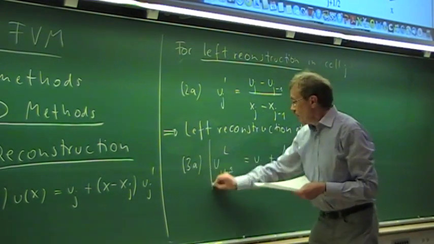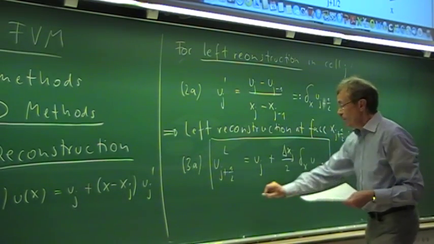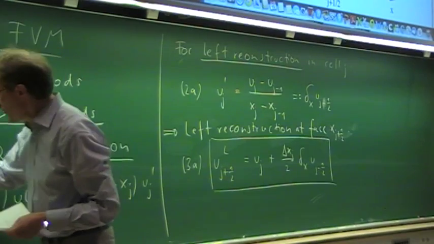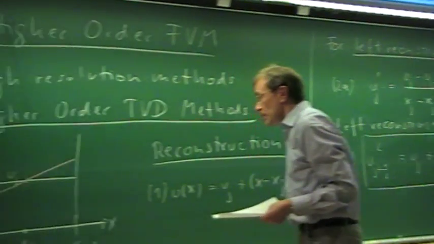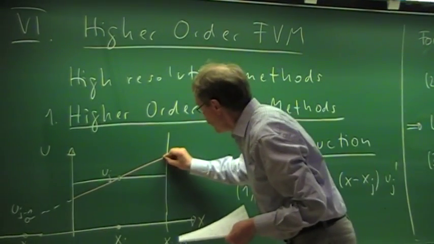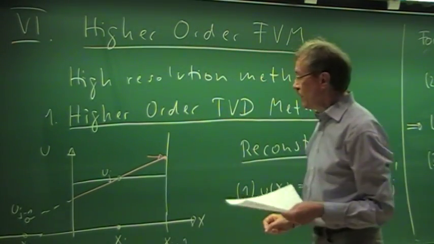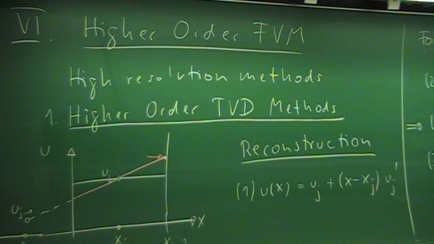So then we have found the value here. The result of this procedure is this value, which will be our u left j plus 1/2.